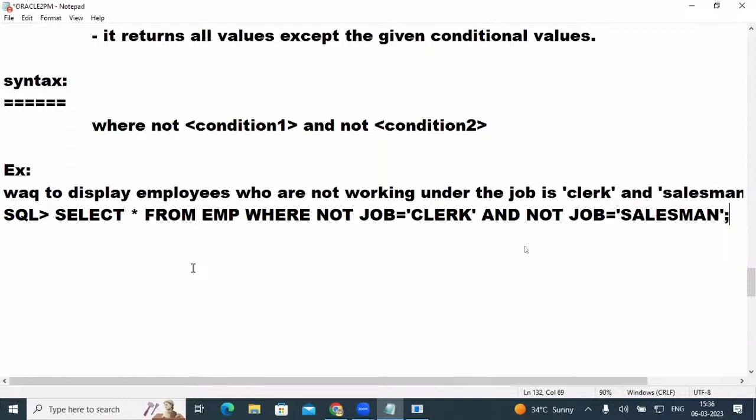Okay, right. So these are logical operators, where more than one condition is used. Check it out. Next, write down set operators.